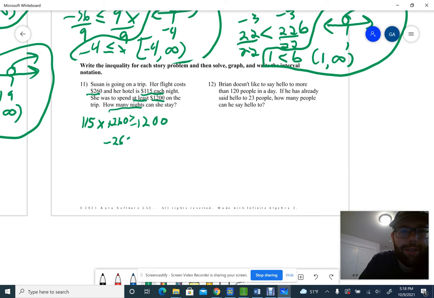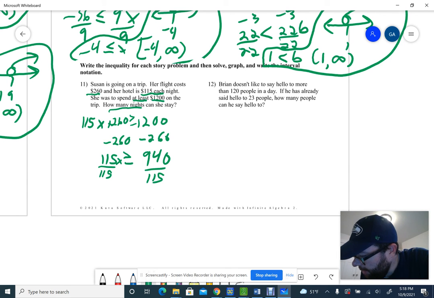So you'd start by minusing 260 to each side. Gives you 115x is greater than or equal to 940. And then you would divide by 115.